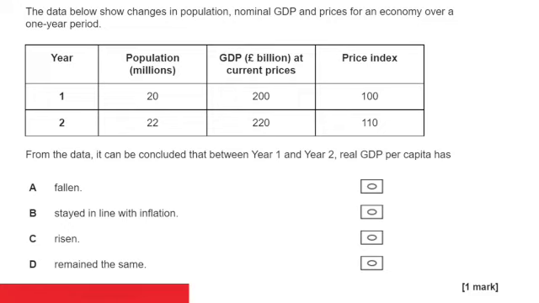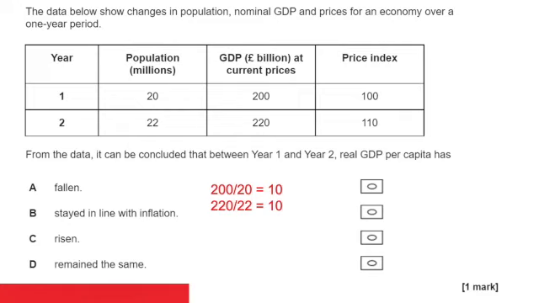So not only have we got GDP at current prices and price index, but we've got a third one, which is population. So we can work out the real GDP per capita. Hence why it's red with an extra challenge. So all we need to do is get our 200 divided by 20, which again, 20 million being the population, and that gets us 10. We can do our 220 and divide it by 22, and that gets us 10.